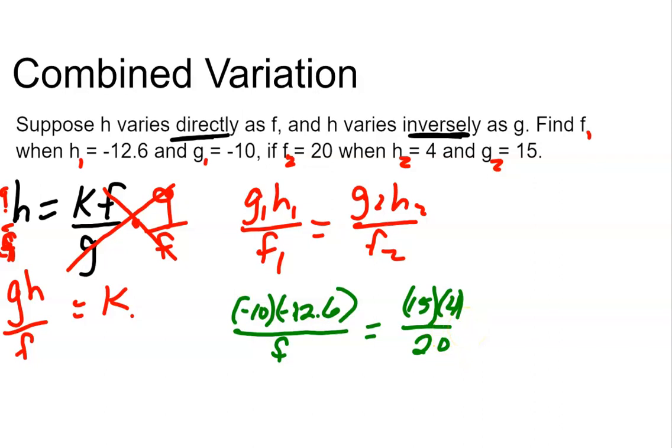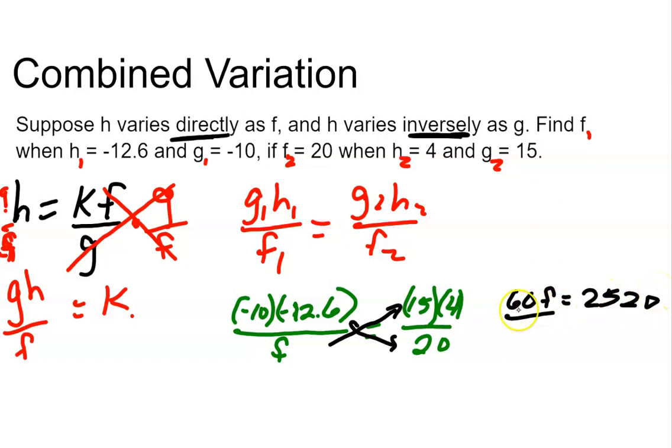From this point, we're just going to cross multiply. So F times 15 times 4, and 15 times 4 is 60. So I have 60F equaling, and on the other side, negative 10 times negative 12.6 times 20, and that gives us 2,520.